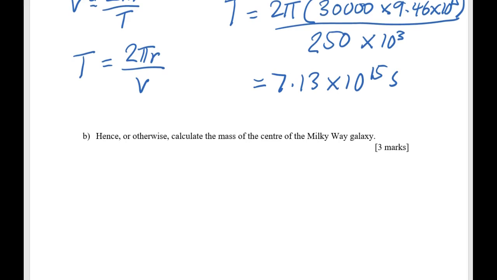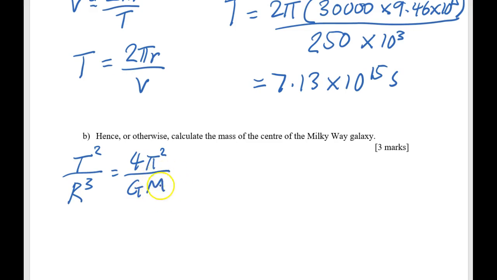Alright, so hence or otherwise. For this question, what you can do is make use of Kepler's third law. This is Kepler's third law. T squared over R cubed is equal to 4 pi squared over GM, and M here is referring to the larger object.